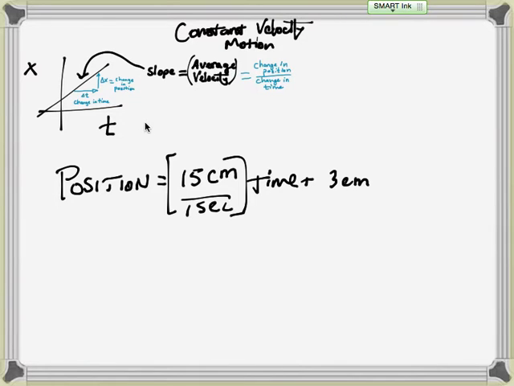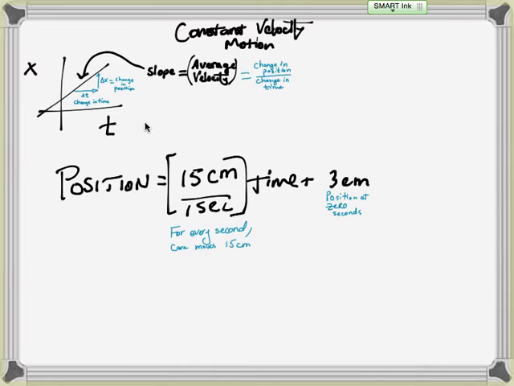You said the 3 centimeters was the position at 0 seconds, and that the slope means that for every second, the car moves 15 centimeters.